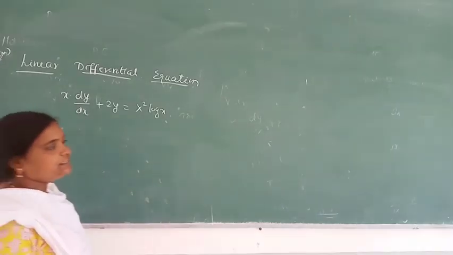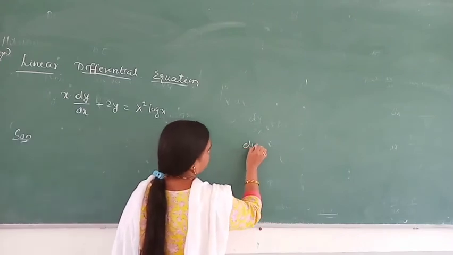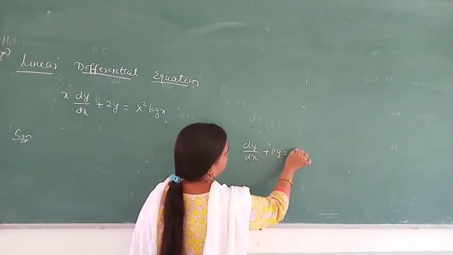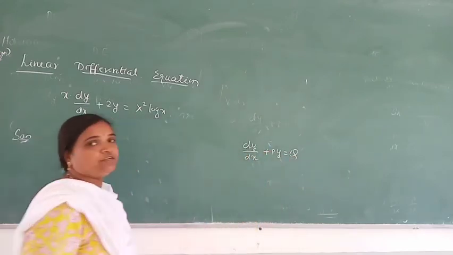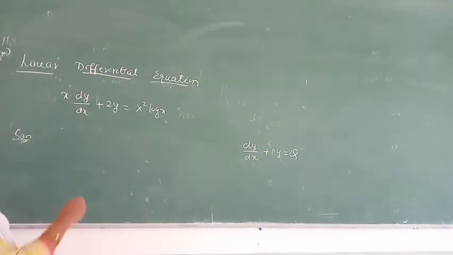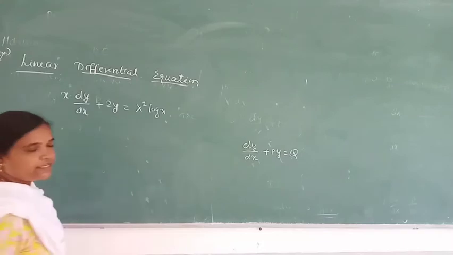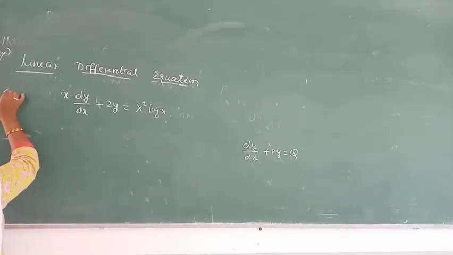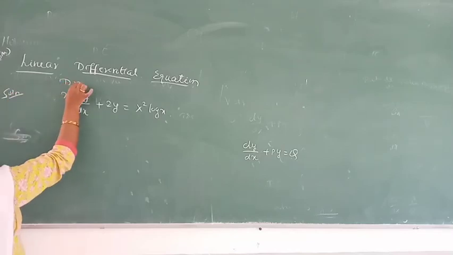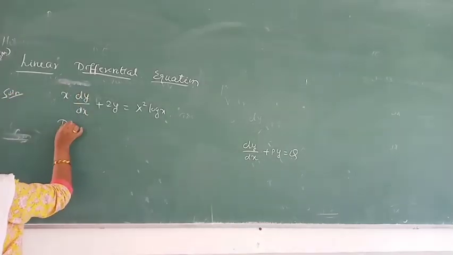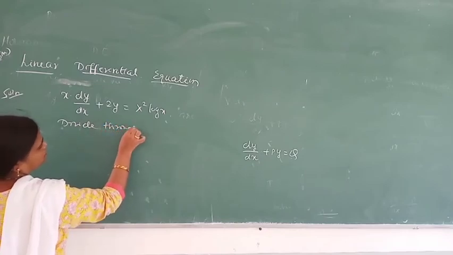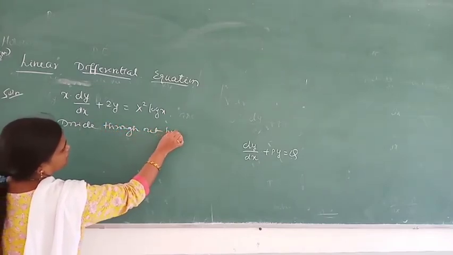See, we need it in the form of dy by dx plus py equal to q, which means dy by dx should be free from the variables. So what can we do? Divide throughout by x.